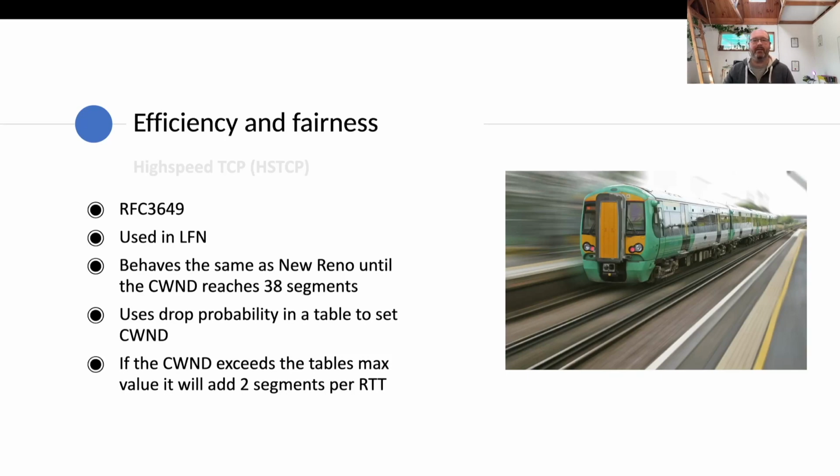Once it reaches the end of that table, in the congestion avoidance phase, it'll switch to adding 2 segments to the congestion window every round trip. Unlike New Reno, which would only add 1 segment per round trip in the congestion avoidance phase, it ramps up quicker on those really high latency connections.